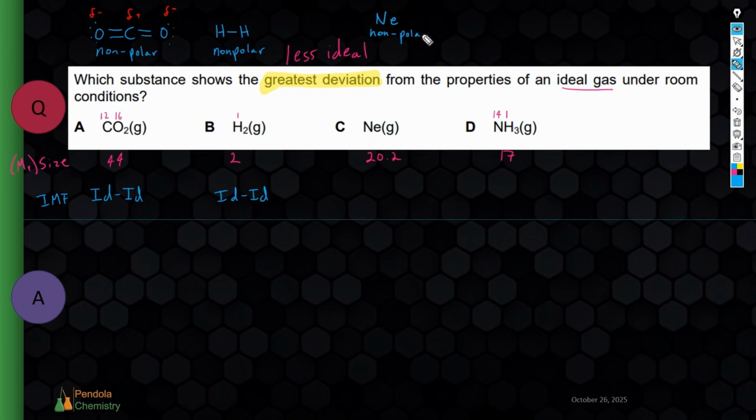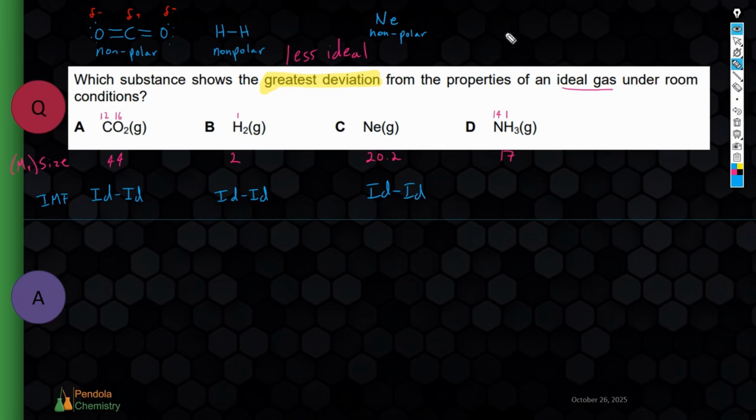And this is true of all the noble gases, they're just an atom. So they all are nonpolar, meaning they all have induced dipole forces. It's looking like if we had just these 3 choices, A, B, and C, that we will have to look at the size of the molecules.